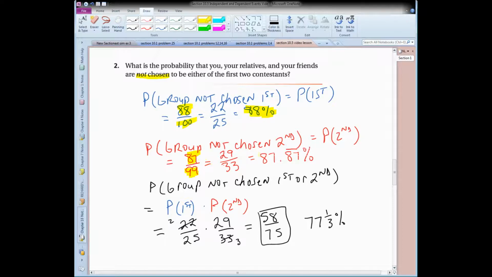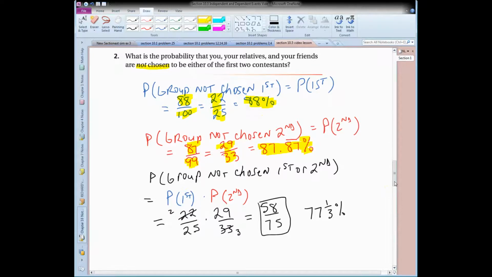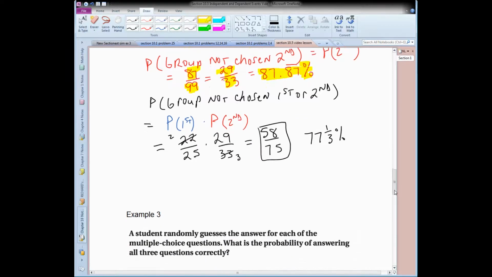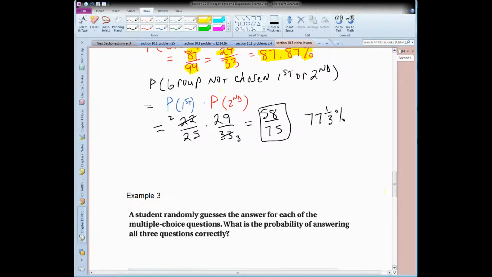So I figured this probability out, and it's 87.87 repeating percent, or 29 out of 33. And this one was 22 out of 25. So if we want to find the probability that no one in your group was chosen first or second, we just multiply the probabilities together. There's the first and second choices.